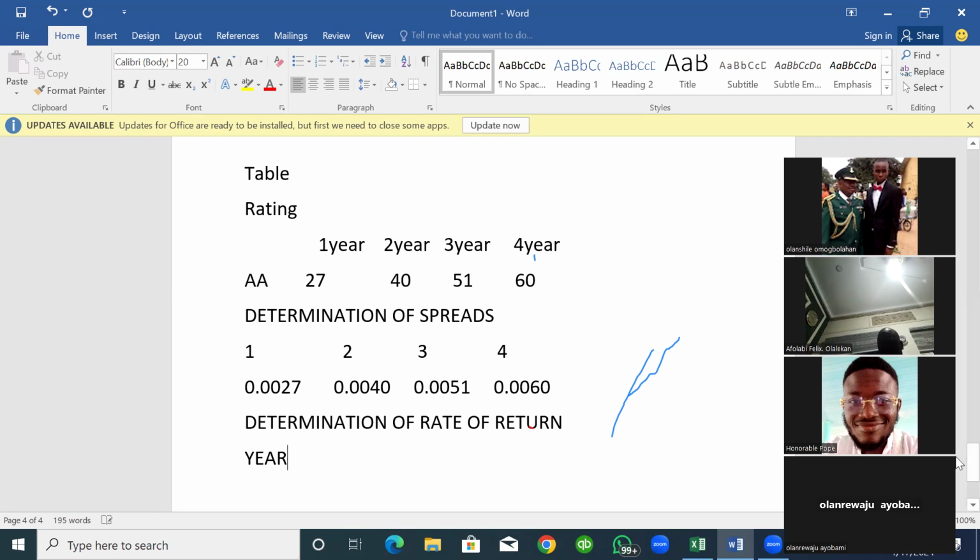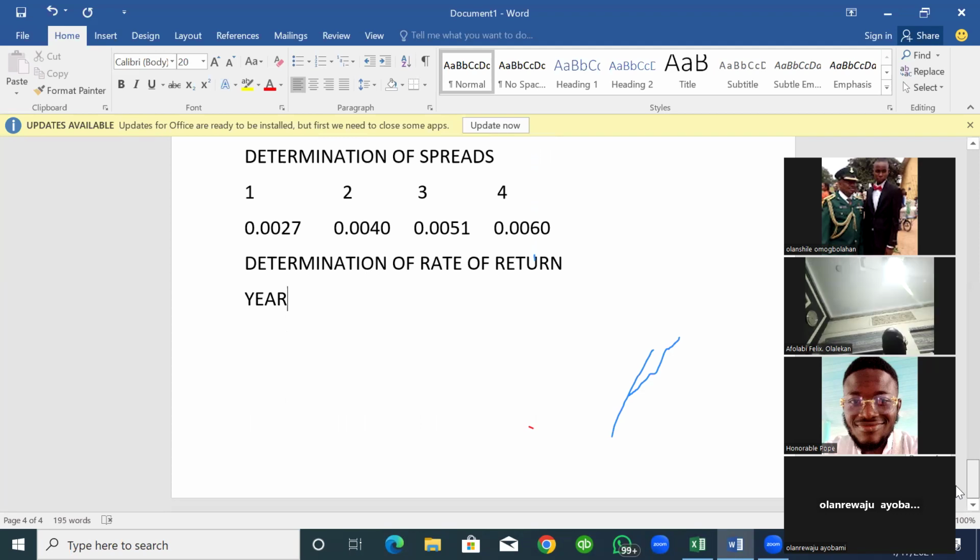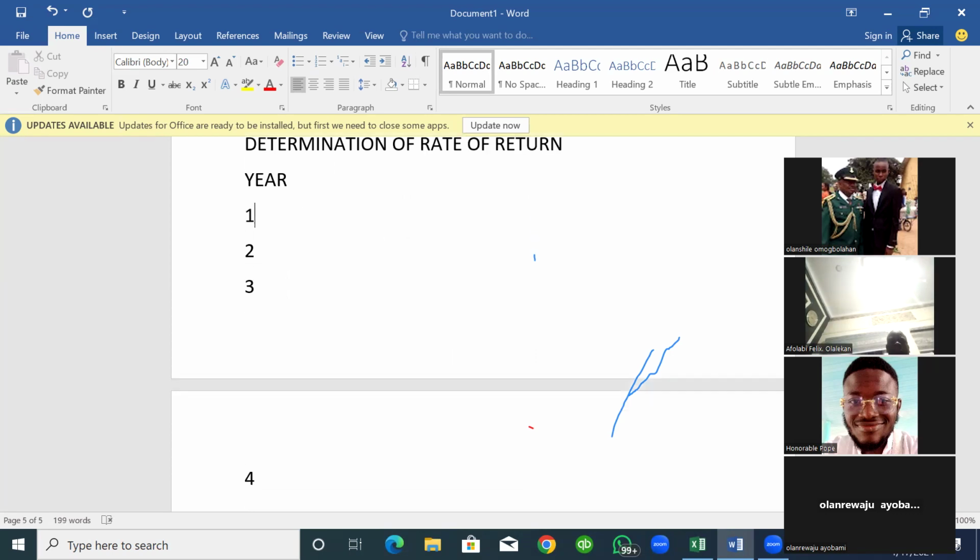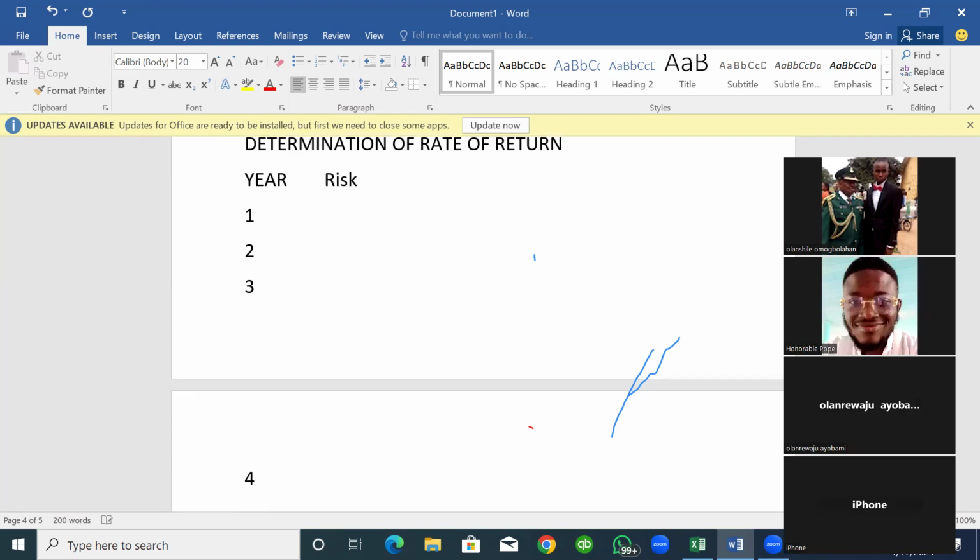So let's see here. Year one, year two, year three, year four, yeah. So let's come back here. What's our first? What's our risk free? That's our yield now.